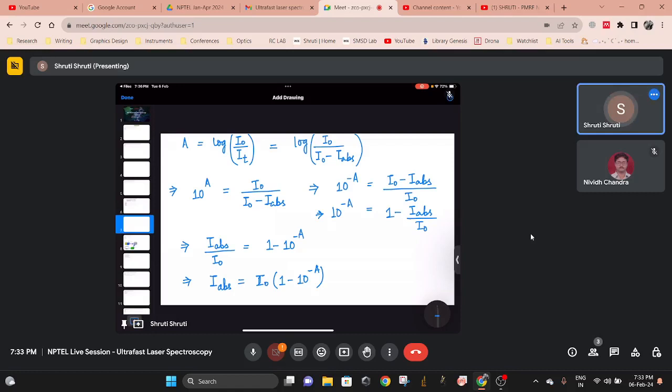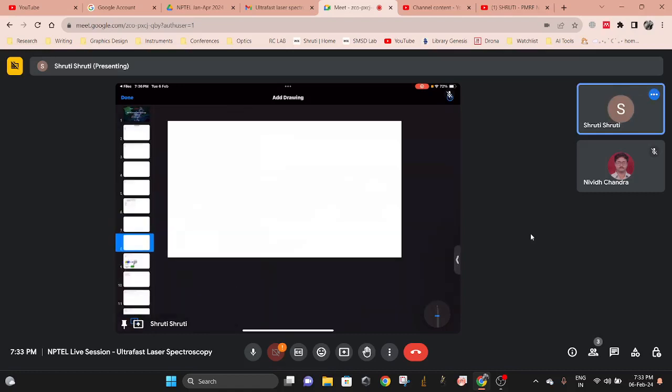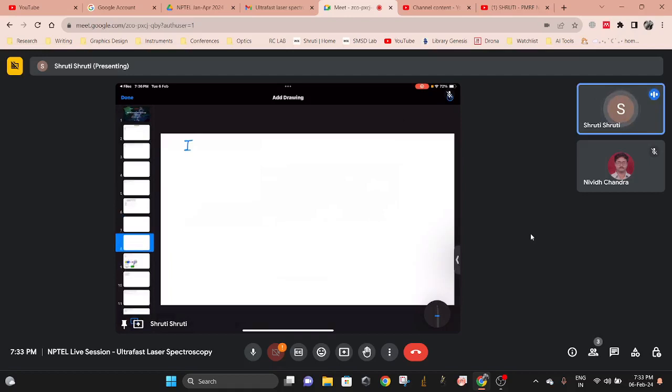Now, suppose the same expression I can write for the sample: absorbance of the sample AS, and for the reference here it will be I naught only, because the excitation source should be the same for the sample and the reference, minus AR, R denoting the reference.